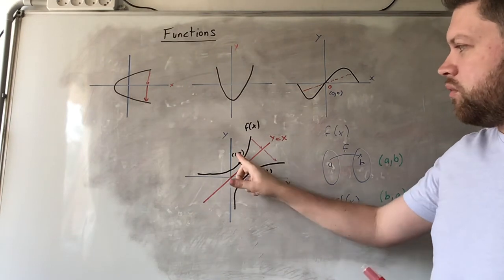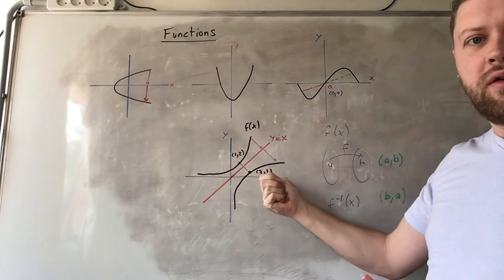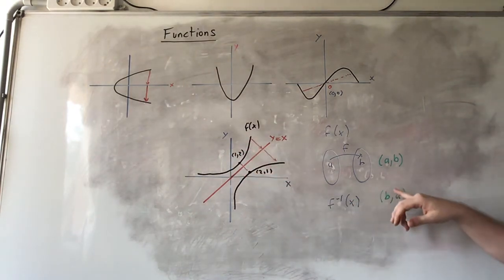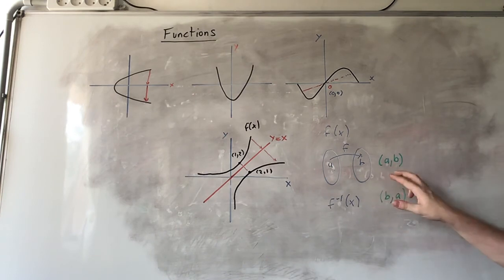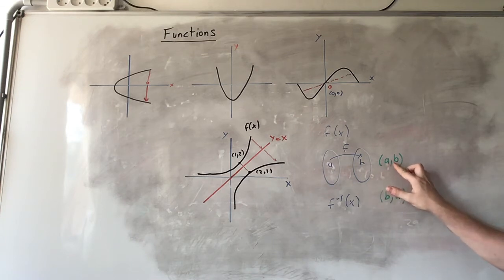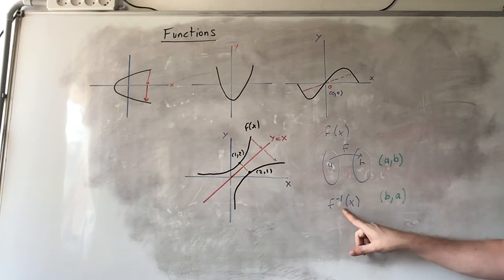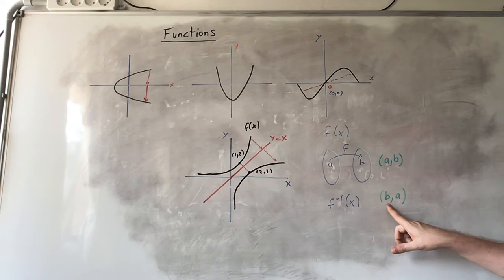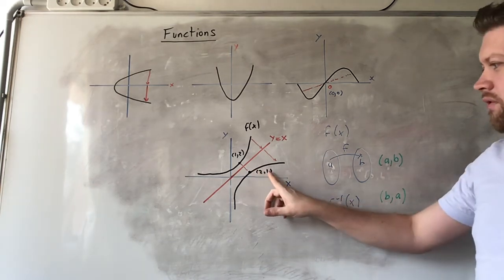So what's happened? The 1 and the 2 have switched places. Okay, and we said before that if ab is the original input and output, the inverse function should be the opposite. It should be ba, and that's exactly what happens here.